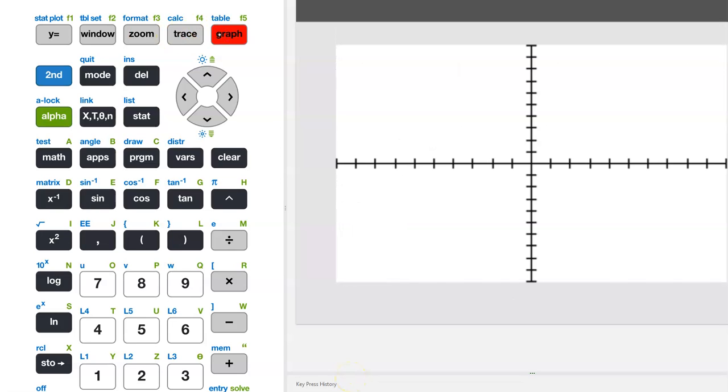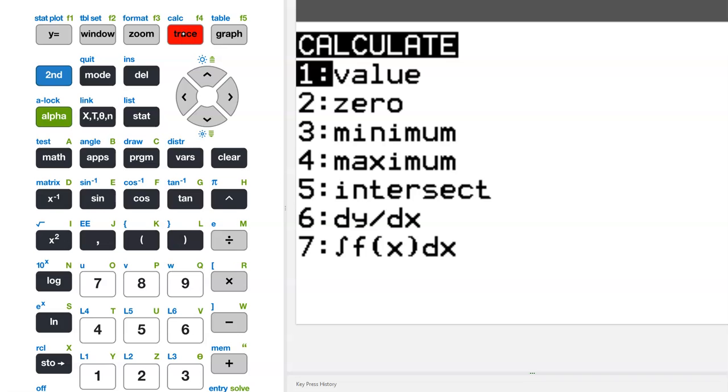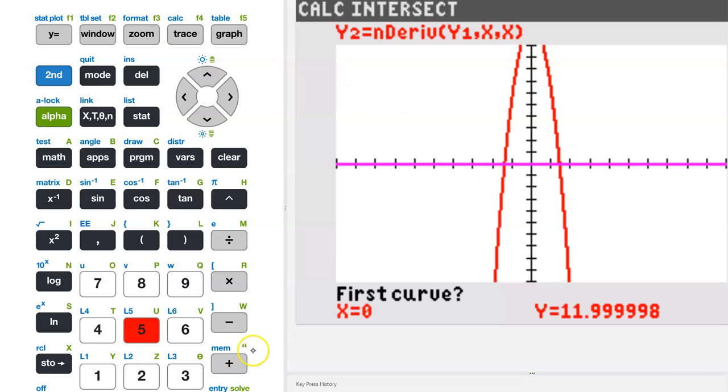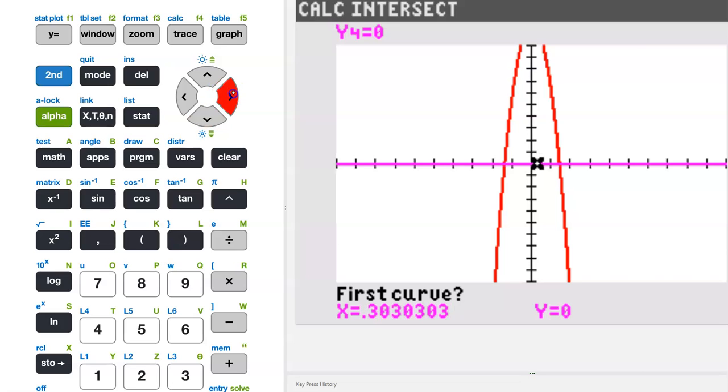And graph. All right, I'm going to find this intersection over here because we're dealing with a rectangle. We only have to deal with the positive x's because it's a geometric figure.